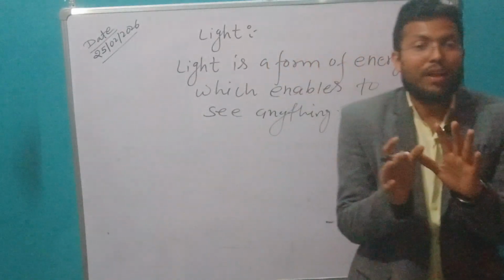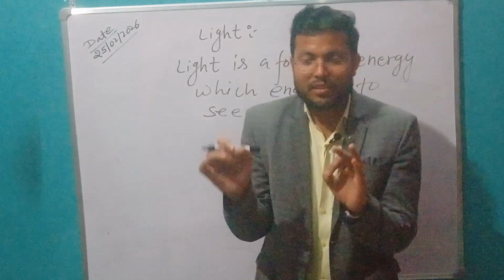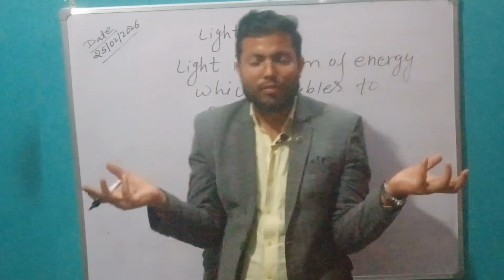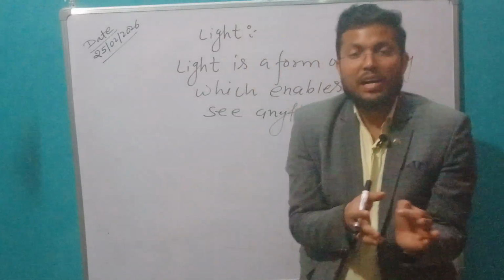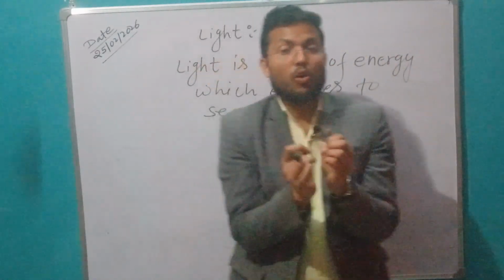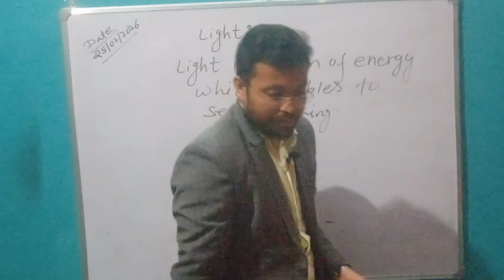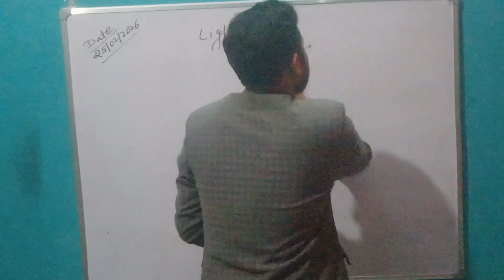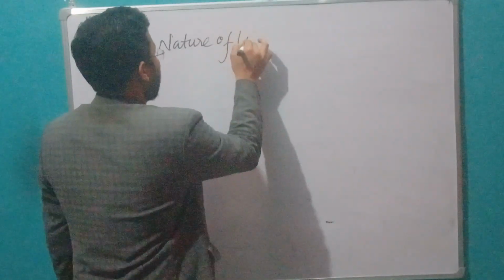It cannot be deflected by electric and magnetic fields, because light always goes in any direction without any deviation. So you write here: nature of light.